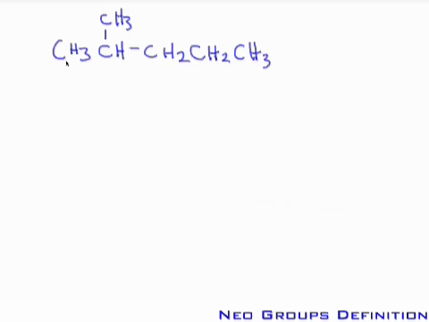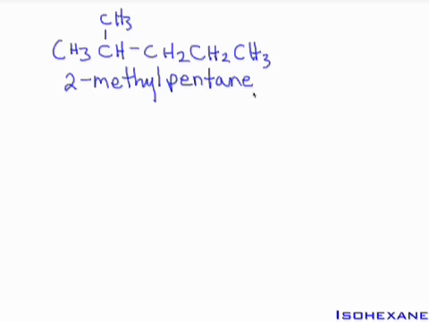Well, if I count the longest chain, that's IUPAC. This is 1, 2, 3, 4, 5. So this is a pentane with a 2-methyl. So the IUPAC name would be 2-methylpentane. But the common name, if we go to the end of a chain, go 1 carbon in, there's a single methyl, there's 1, 2, 3, 4, 5, 6 carbons all together, it would be isohexane. That's the common name.